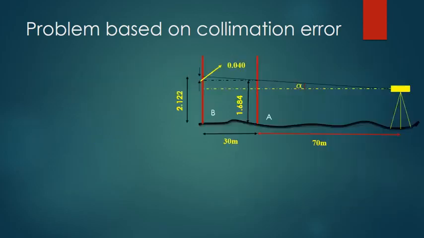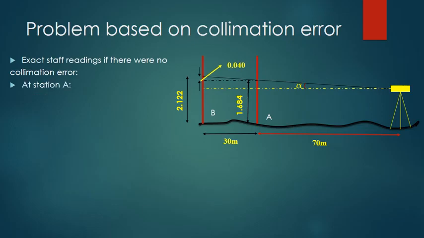Now again let us try to find out the actual readings of the staff if there was no collimation error. Exact staff readings if there was no collimation error. For station A, we are considering a distance of 70 meters, which is the distance between station A and our instrument.